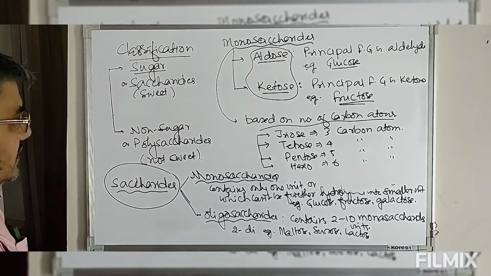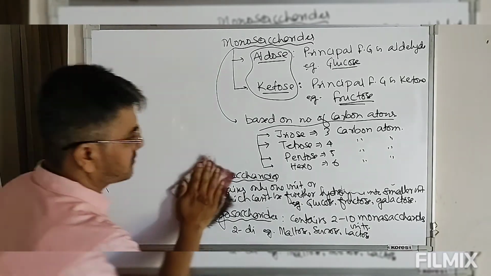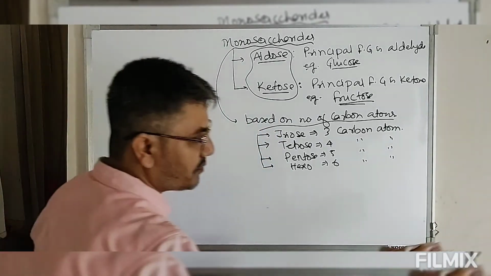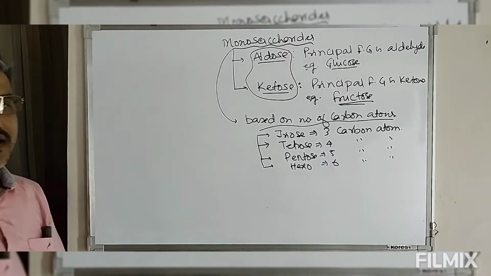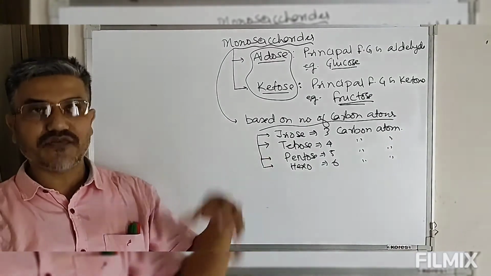Now these carbohydrates can also be classified based on whether they reduce Tollens reagent, Benedict solution or the Fehling solution.